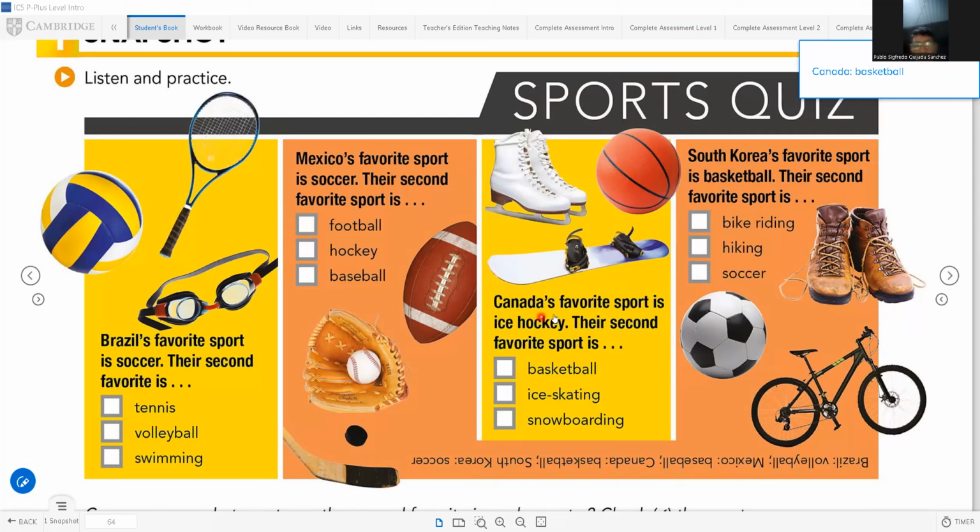Canadians' favorite sport is ice hockey. Their second favorite sport is basketball, ice skating, and snowboarding. Very good. Snowboarding. Ice skating.